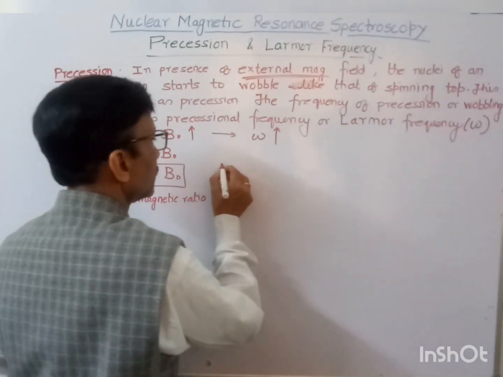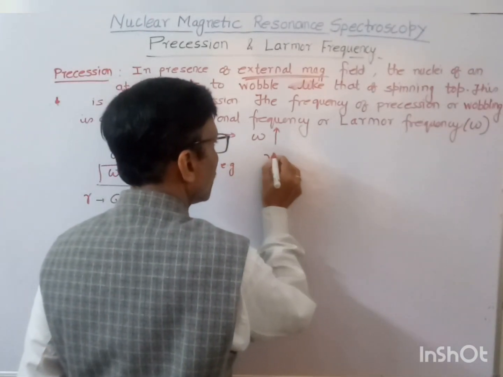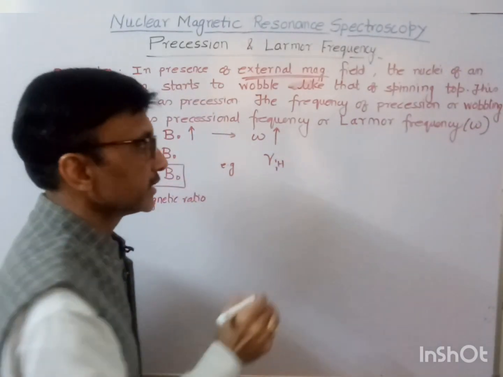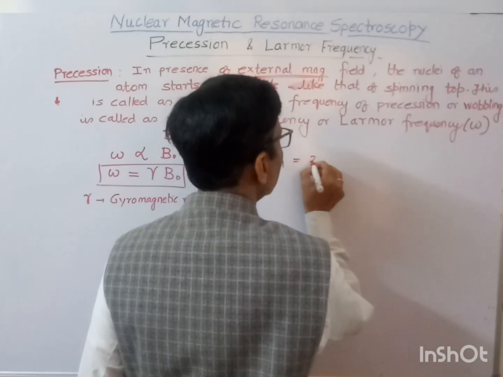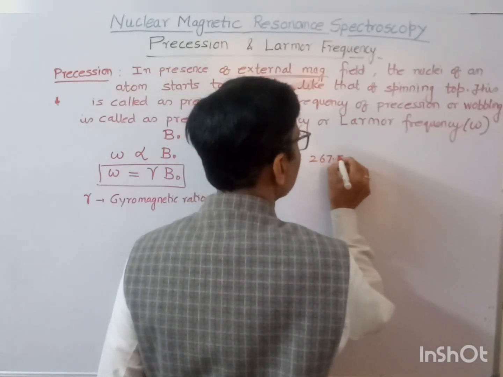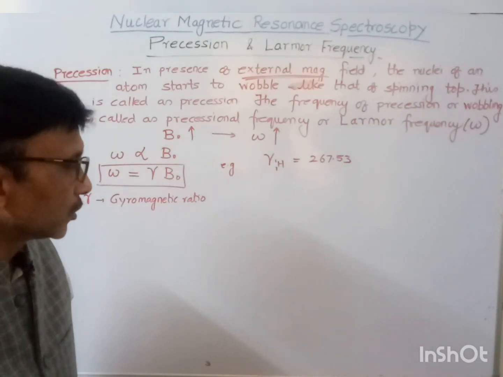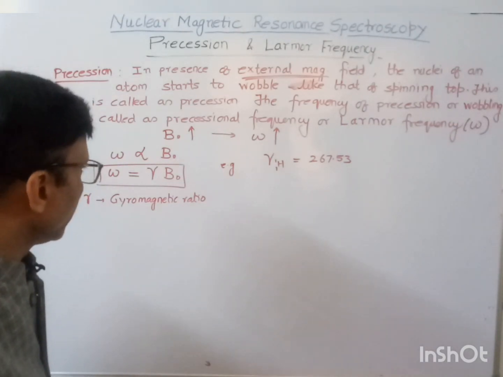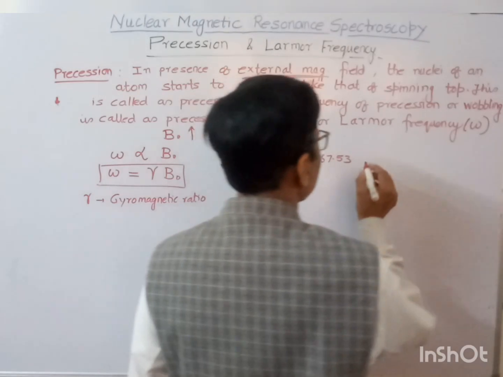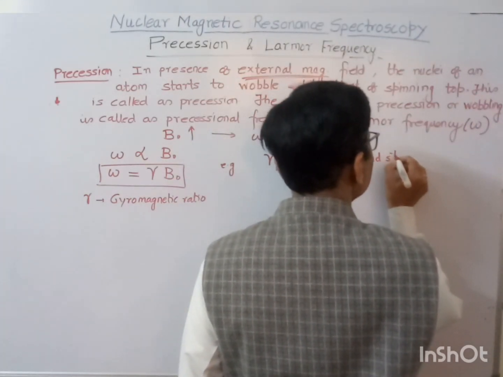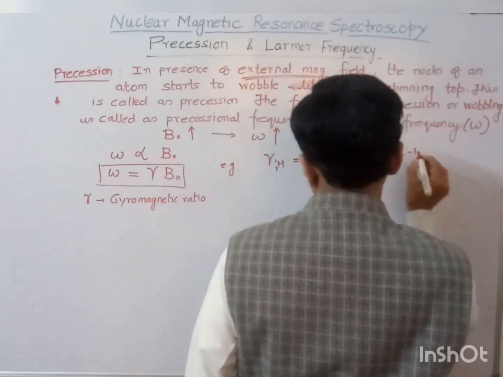For example, gamma for proton is equal to 267.53. This is the gyromagnetic ratio for proton, and the unit is radian per second per Tesla.